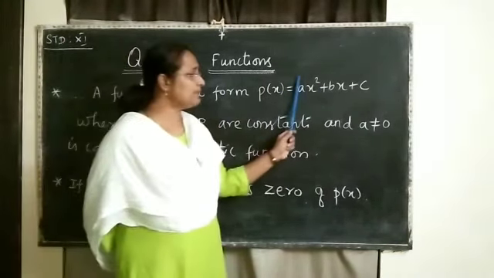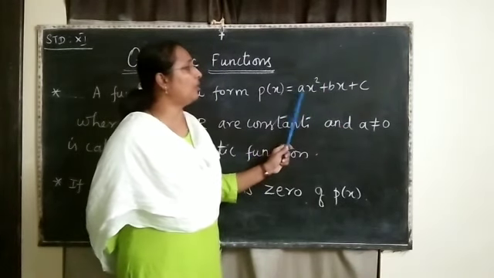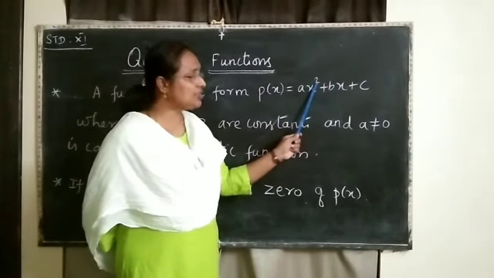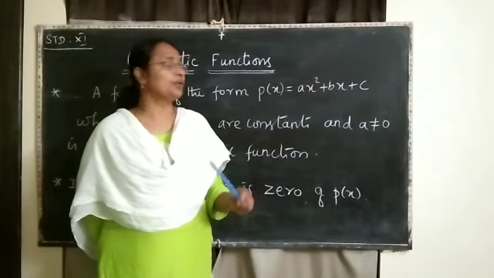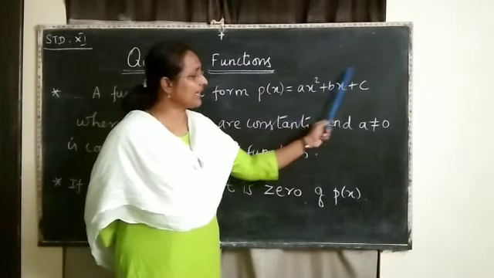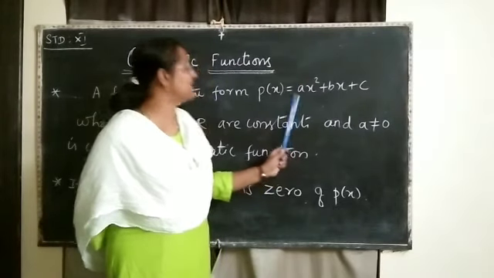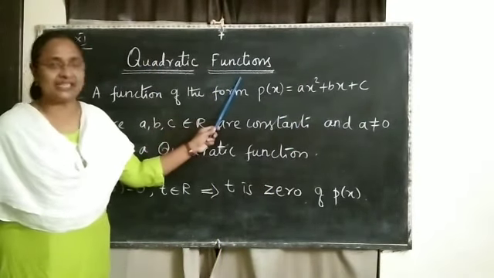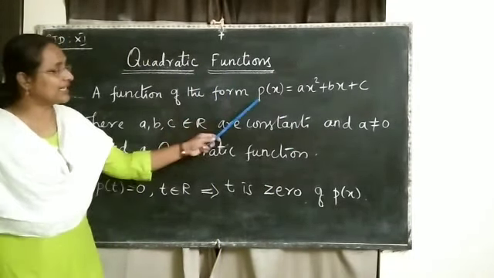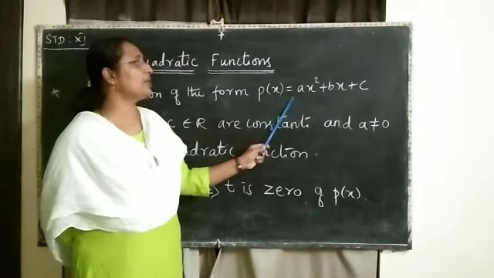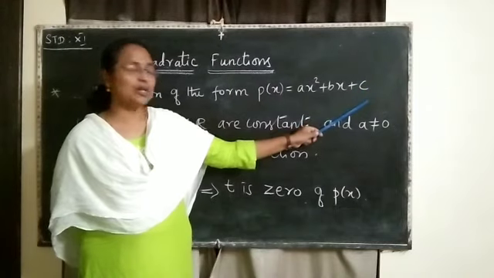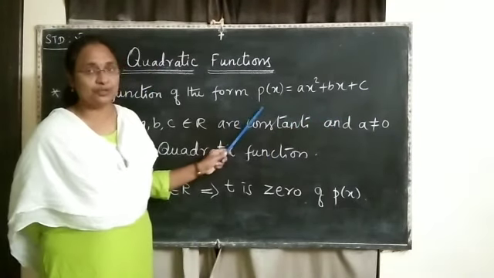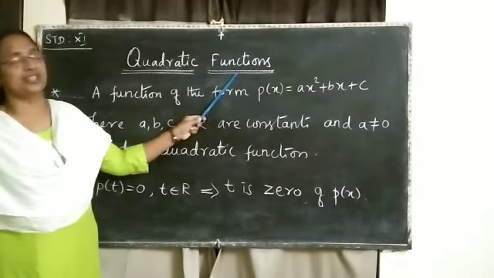Yes, the highest power in an expression of x which has 2 is said to be a quadratic expression. Now this quadratic expression can be expressed as a quadratic function, in the form p of x is equal to ax squared plus bx plus c. Any equation of this type is said to be a quadratic function.